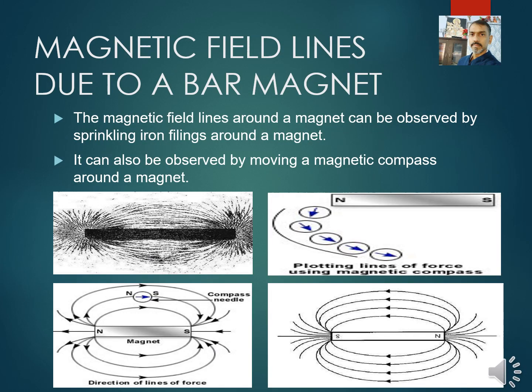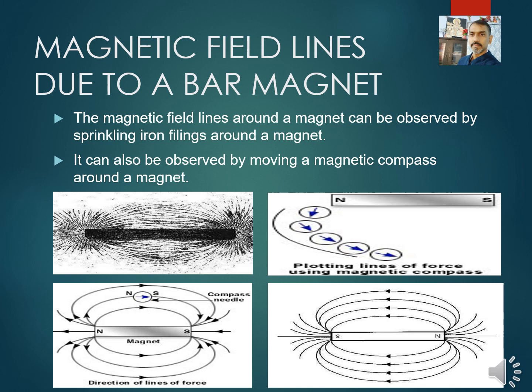Magnetic field lines due to a magnet. Their pattern can be observed by sprinkling iron filings around a magnet. For this, fix a sheet of white paper on a drawing board using some adhesive material. Place a magnet in the center of it. Sprinkle some iron filings uniformly around the magnet using a salt sprinkler. Now tap the board gently.